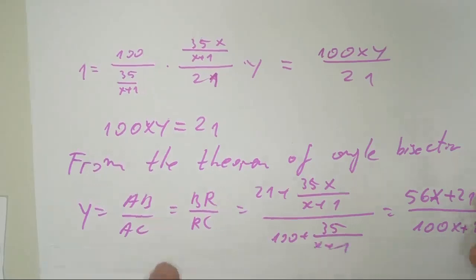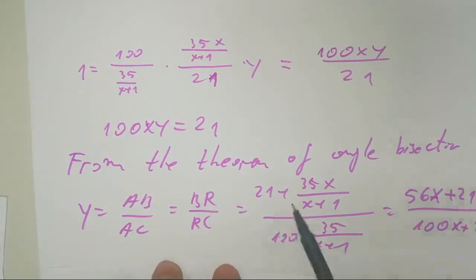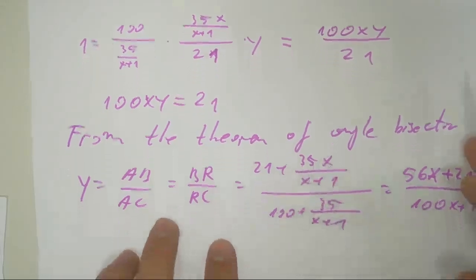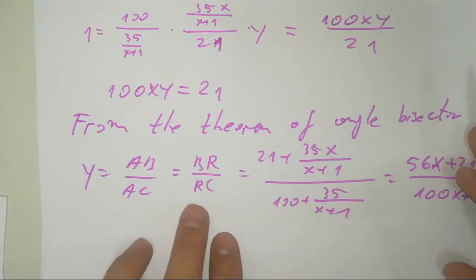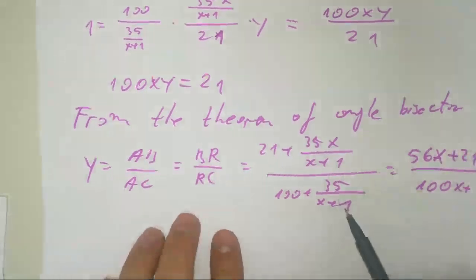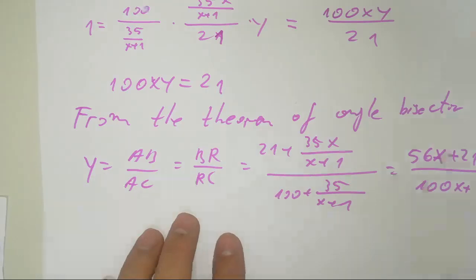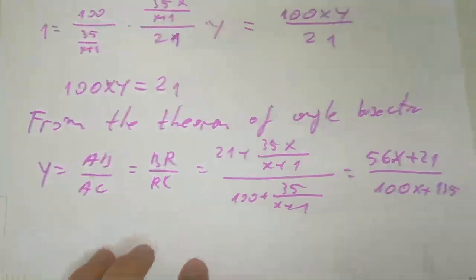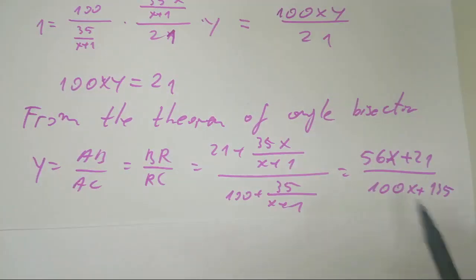And we know BR will be 21 plus 35x over x plus 1, and RC will be 100 over 35 over x plus 1. After some calculations, we will have 56x plus 21 over 100x plus 135, which is this fraction.